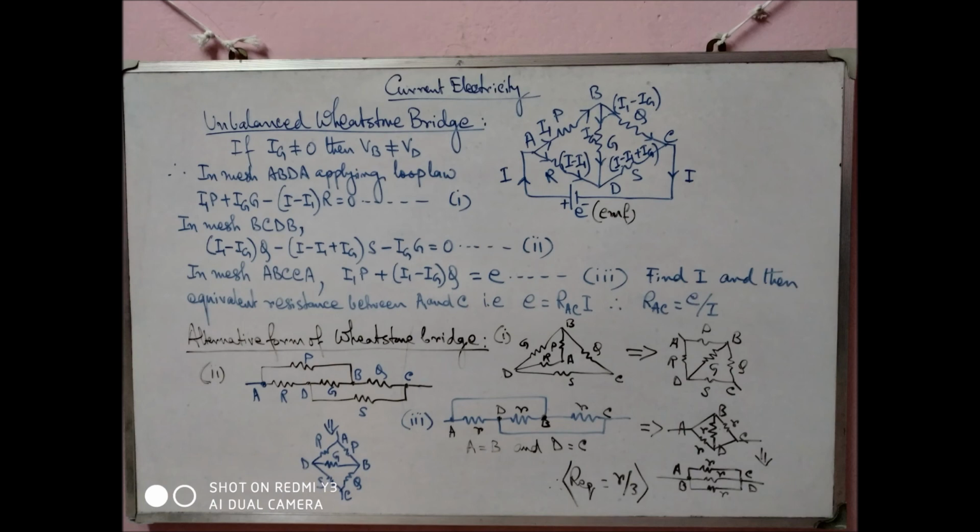Now come to the second form, number 2. G is the mid one, B and D two points locating.